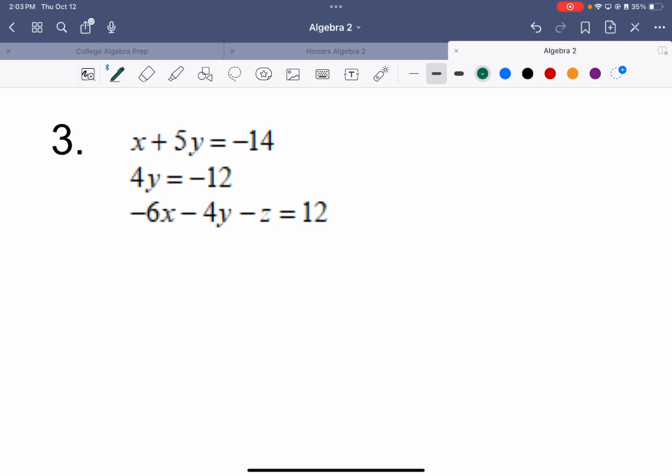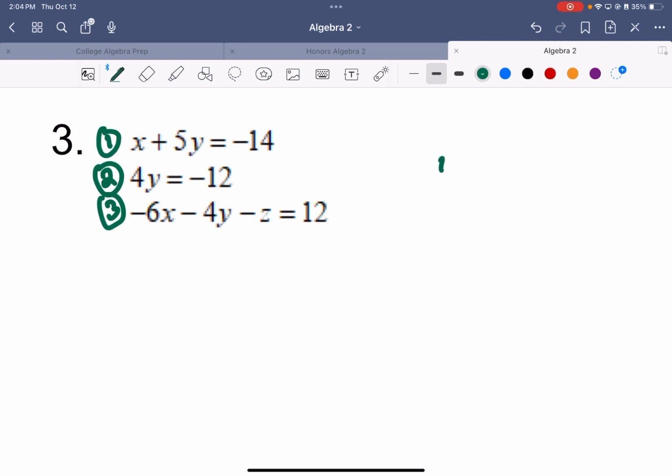So the question I'm asking in my brain is, is there any of the variables right now that I can solve for? Which one? 4y equals negative 12, right? I can solve equation number 2. We would label as 1, 2, and 3. So there's 1, there's 2, there's 3. I can solve equation number 2 because it only has one variable in it.